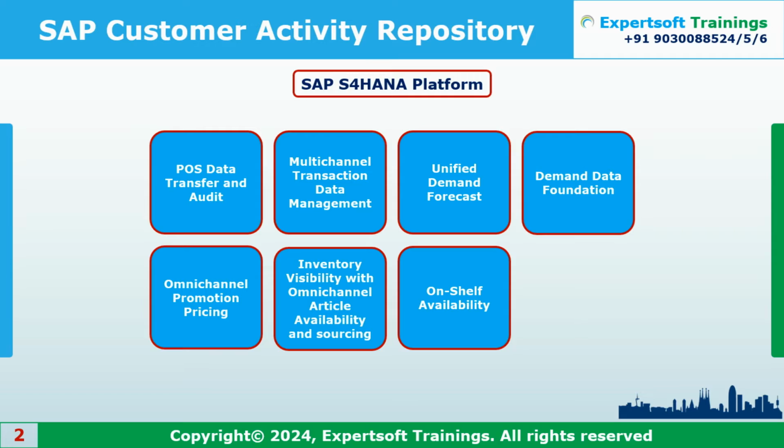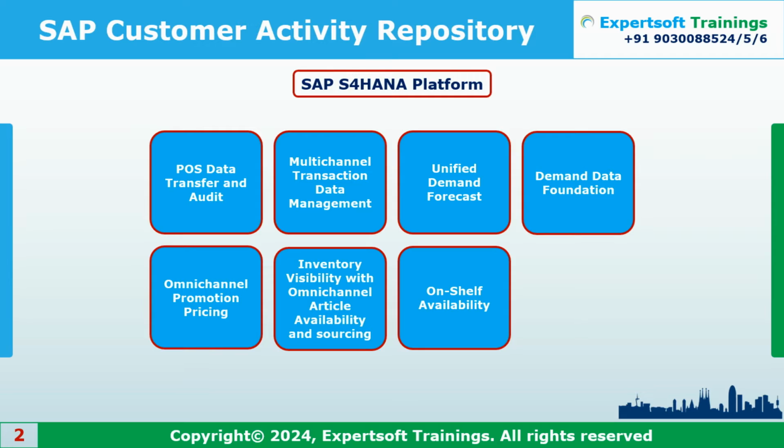So SAP said, I have all the inventory, all the products, all the orders, and I would feed it to an OMS system to do this for me. Why? I can do it myself. So to some extent, to fulfill those OMS capabilities, SAP brought on OAA, Omnichannel Article Availability, and On-Shelf Availability.